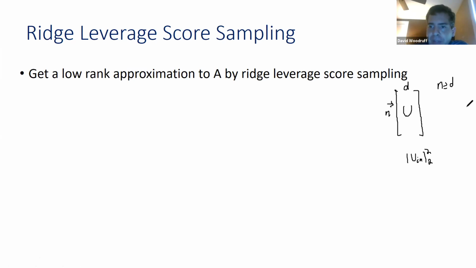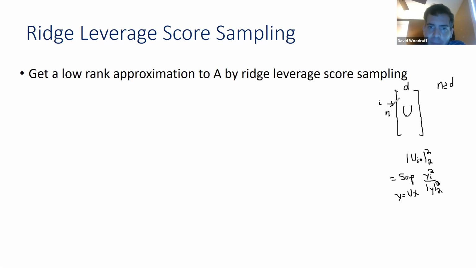These measure the importance of a coordinate i, because another characterization of leverage scores is that this equals the supremum over all vectors y in the column span of U, so y that can be written as Ux, of the squared ith coordinate of y divided by the squared length of y. This says, how much can the ith coordinate influence the overall length? So it would make sense to sample coordinates with high leverage if you want to preserve properties about your subspace.